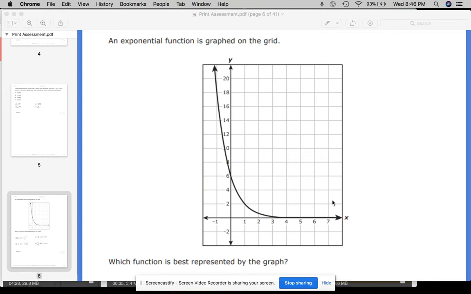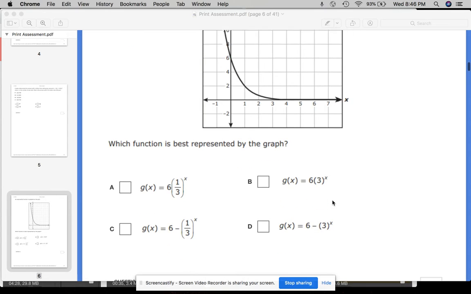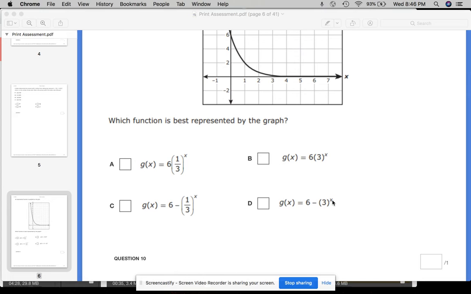An exponential function is graphed on the grid, x, y. Which function is best represented by the graph? A, g of x equals 6(1/3)^x.